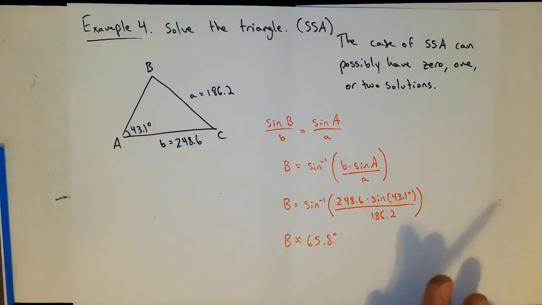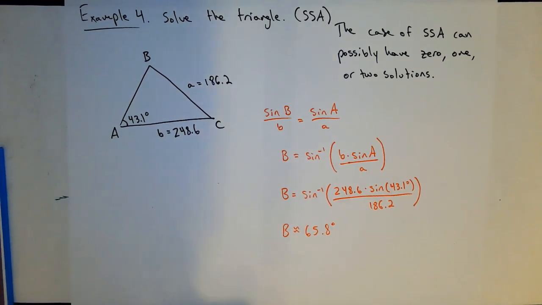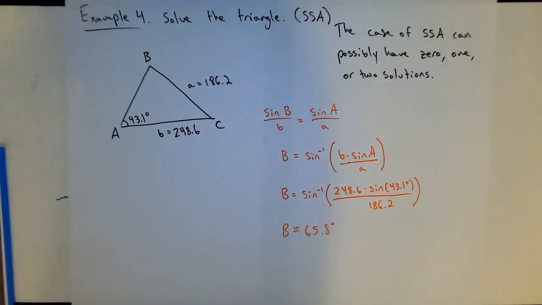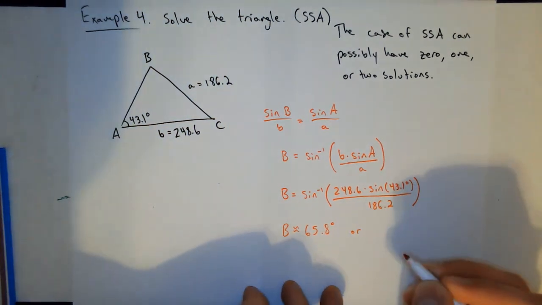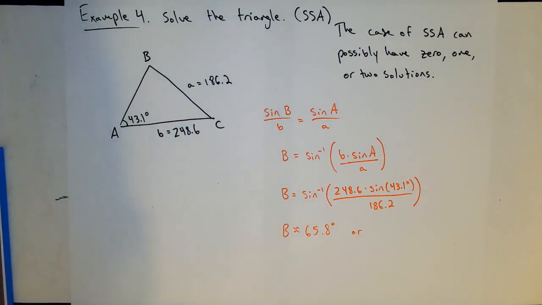But this is where we should stop and say, wait, doesn't sine inverse, not as a function, but as an operation, give two answers? And it does. If you recall how that sine inverse operation works, it does yield two possible angles between 0 and 180.